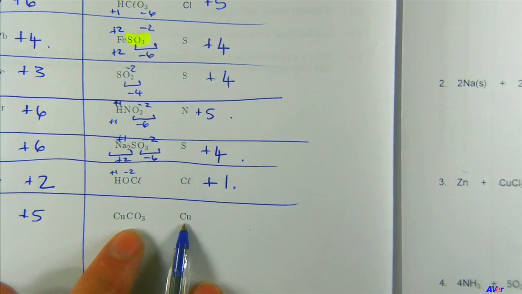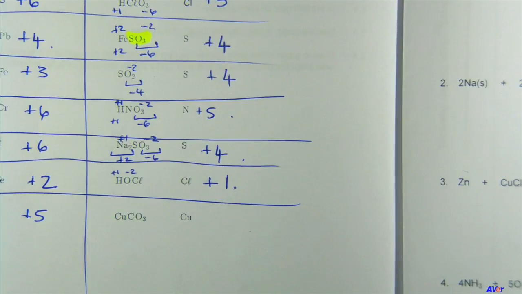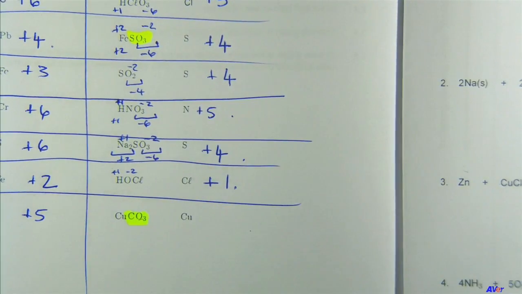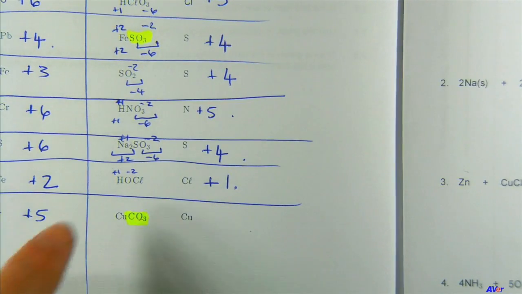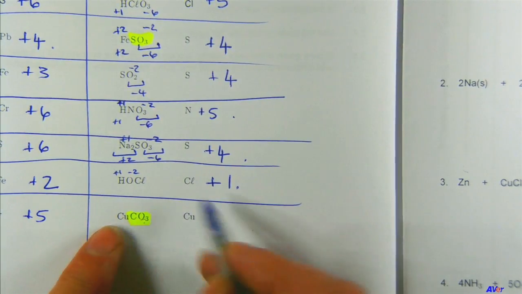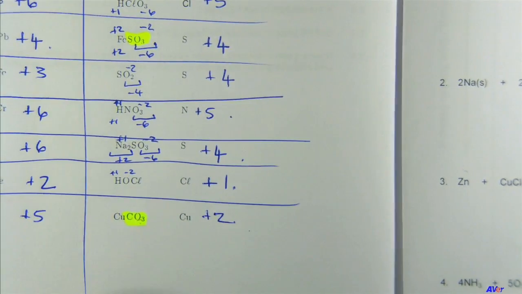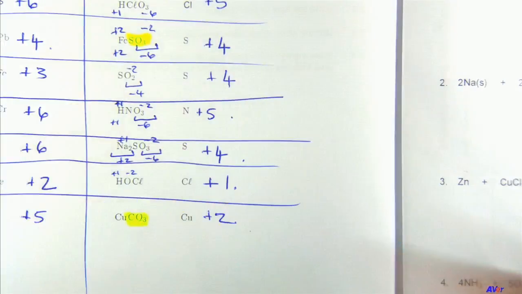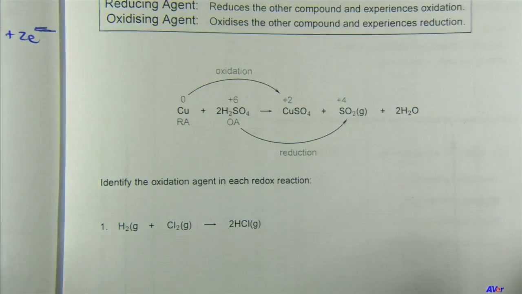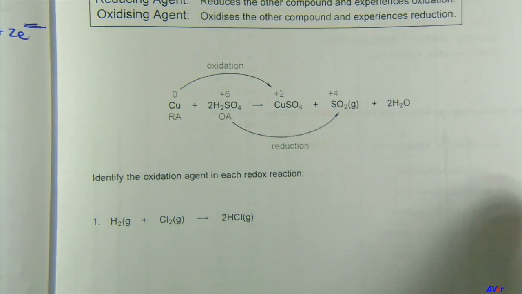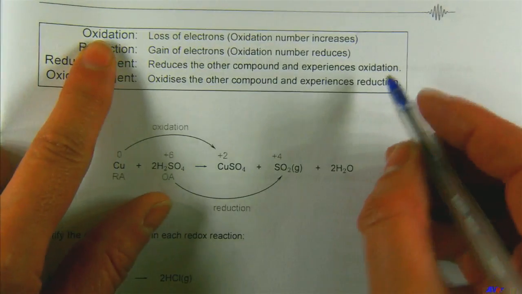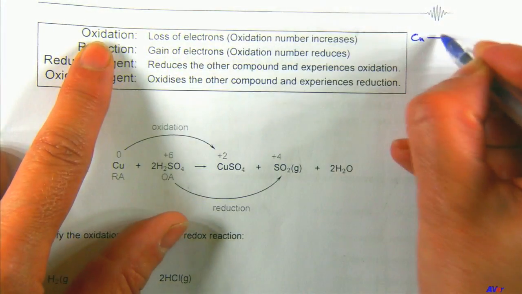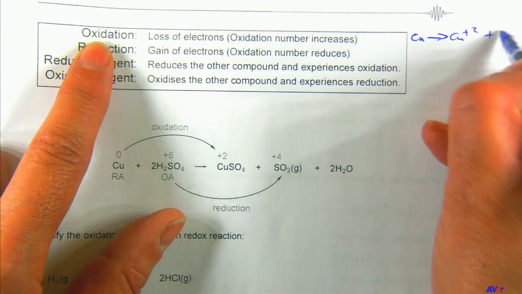Now, how about copper? Here we had the other way once again. You had to know that the carbonate is a -2, and therefore that copper is a +2. Right, so this was assigning oxidation numbers. Now on the next page, let's look at this. If you look at oxidation, we now said it's something like copper going to copper 2+ plus 2 electrons.